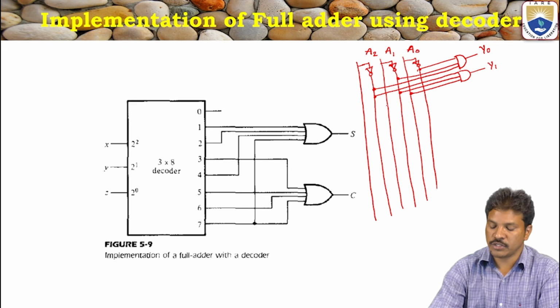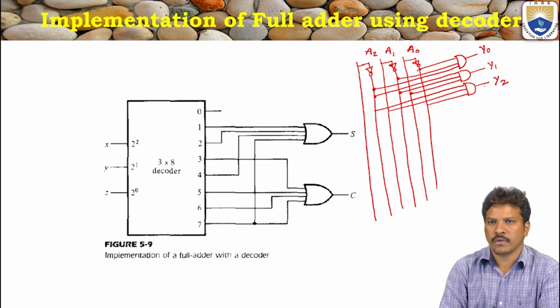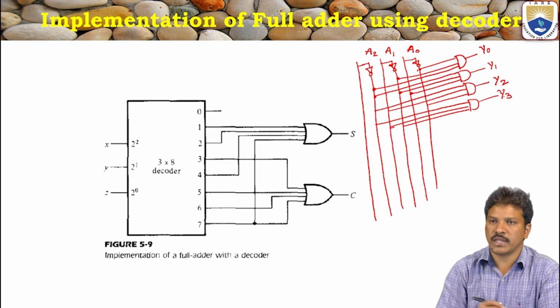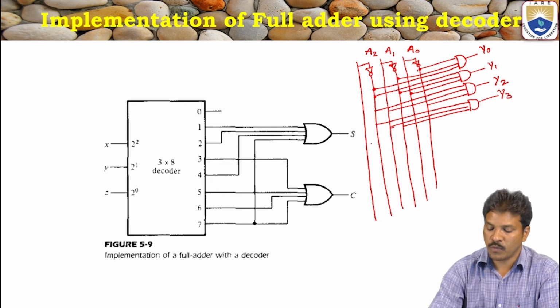Then 0, 1, 0 gives Y2. Y3 means 0, 1, 1. Then 1, 0, 0 gives Y4.